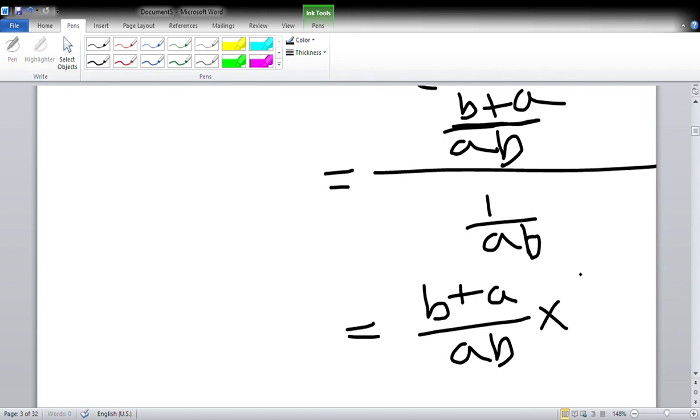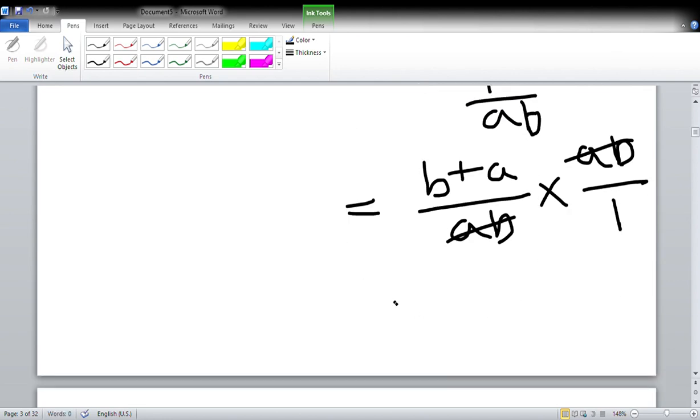Again you have to put a reciprocal of this number, so ab goes to the upside, divided by 1, because the reciprocal is happening. So ab is cut. So b plus a is the answer, right?